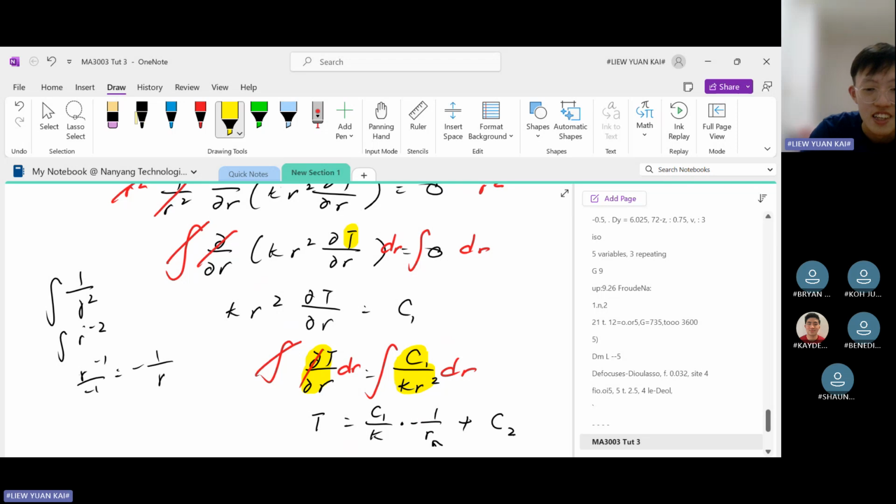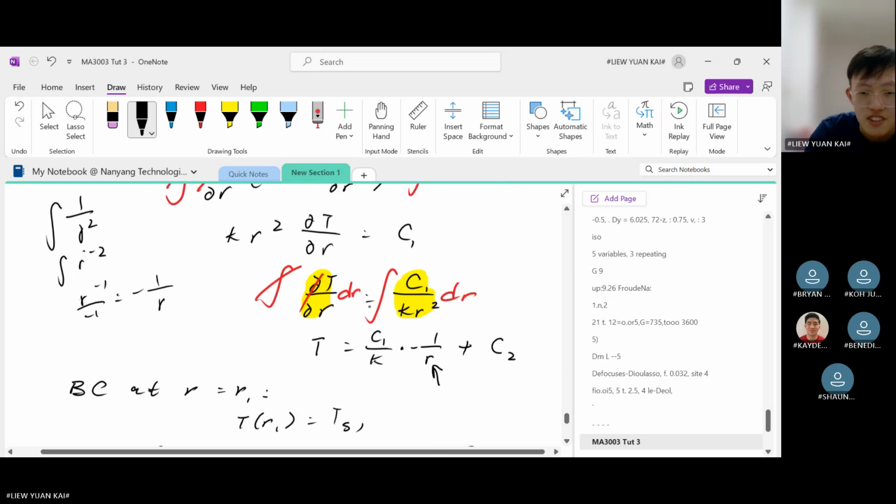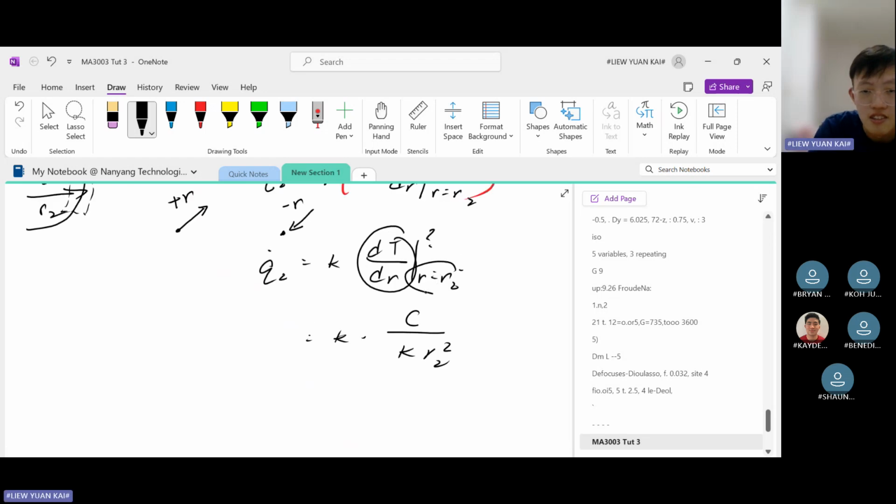So we're going to replace dT/dr with C1 over K times r squared. We go back down, but instead of r, this would be R2, because we said r is equal to R2.